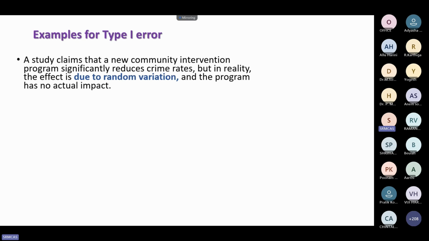So it is very hard to choose which sample is the true representation of the population characteristics. This is called random variation, or sampling distribution. Because of the sampling distribution or random variation, we may commit a type 1 error.